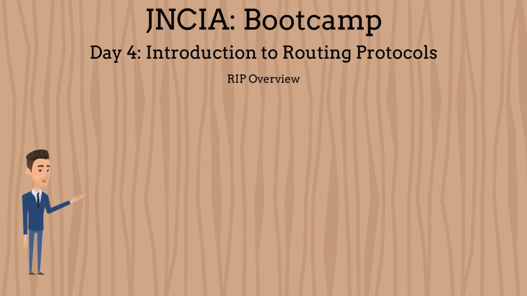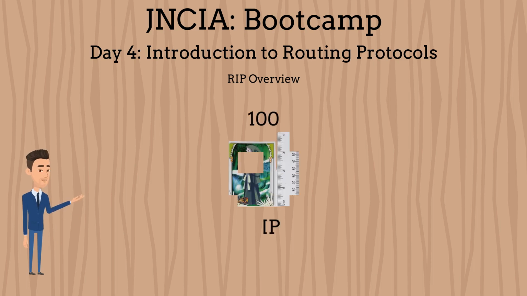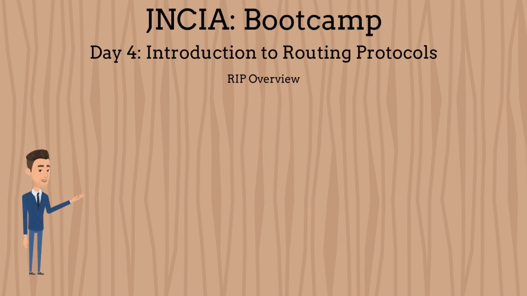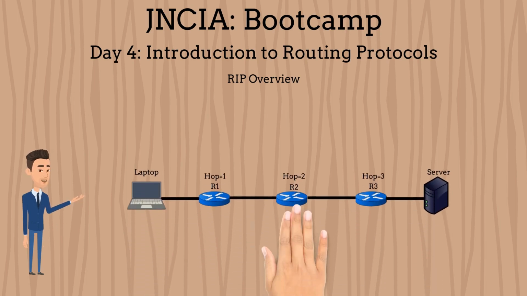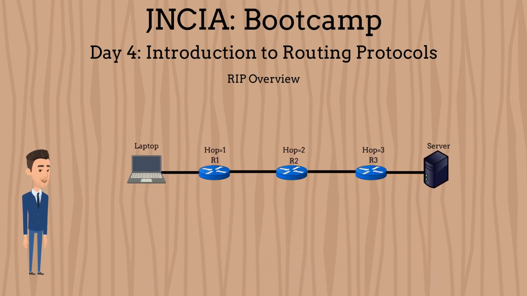RIP, or Routing Information Protocol, is one of the oldest and simplest routing protocols. Here we have a laptop and our server with 3 routers in between labelled as router 1, router 2 and router 3 with a hop count associated with each one.